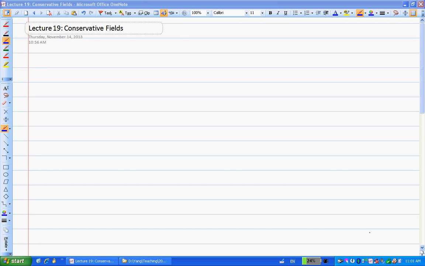So now the question here is, number 1, if you recall the line integral, basically the integral over C of F dot dr, right? That's the line integral.